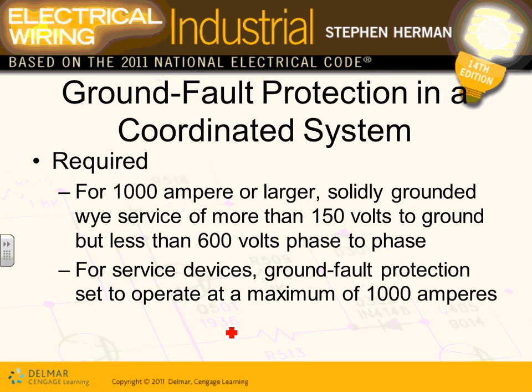The NEC code would require, if your system is 1000 amp or more, and the voltage is 480/277, which meets this criteria, you are to provide ground fault protection, a special function in the circuit breaker, right here, ground fault protection, special function with the circuit breakers, that looks at the ground fault only.